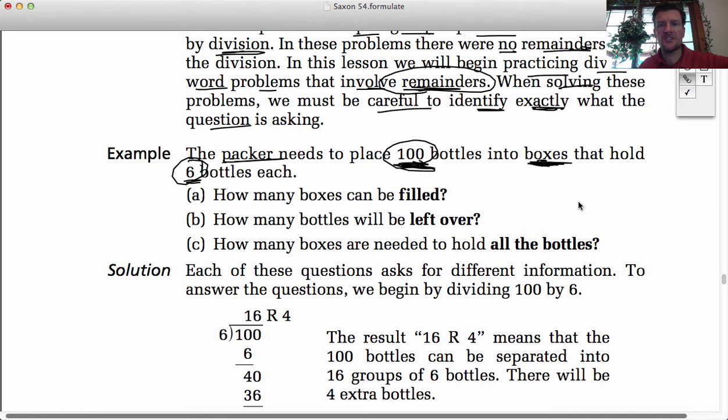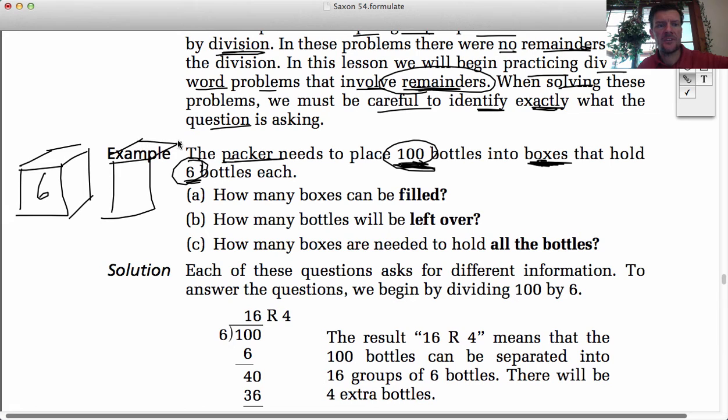Sometimes it helps to draw a little diagram: you've got a box, and that box is going to hold 6 bottles, and then another box, and that one's going to hold 6 bottles as well. So there's going to be box after box after box, each box holding 6 bottles. And you have a total of 100 bottles that you need to place into these boxes.